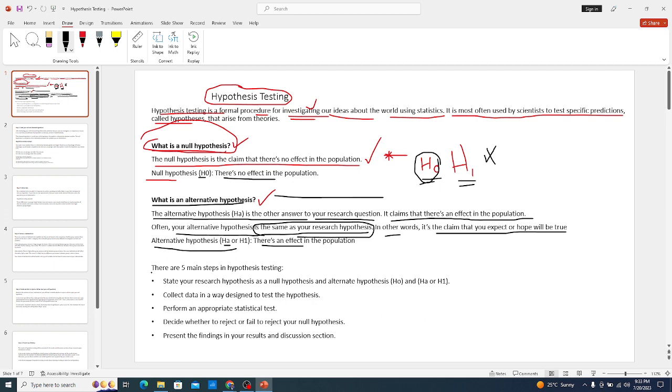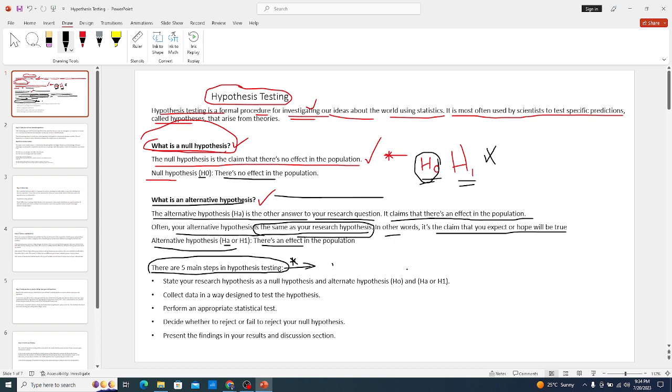Then we have 5 major steps in doing hypothesis testing, and I want us to go step by step. Once we are done with these 5 steps, we will be done with hypothesis testing.